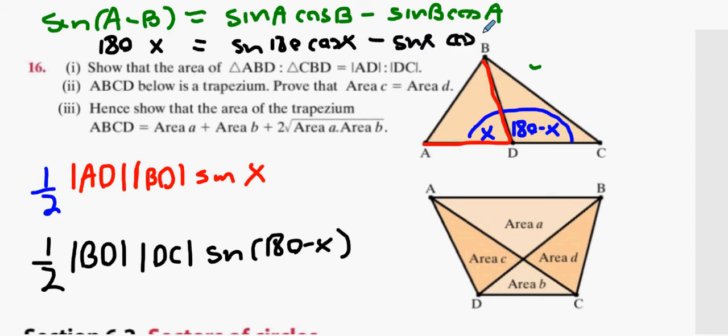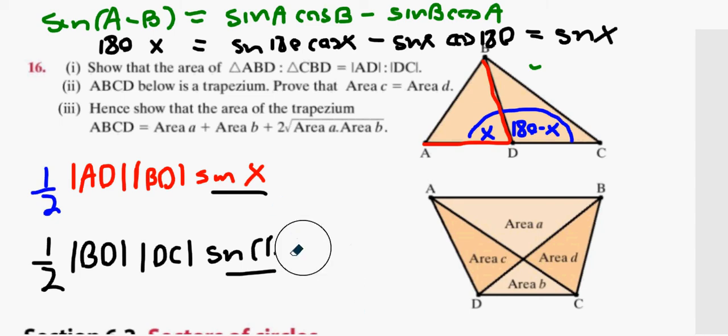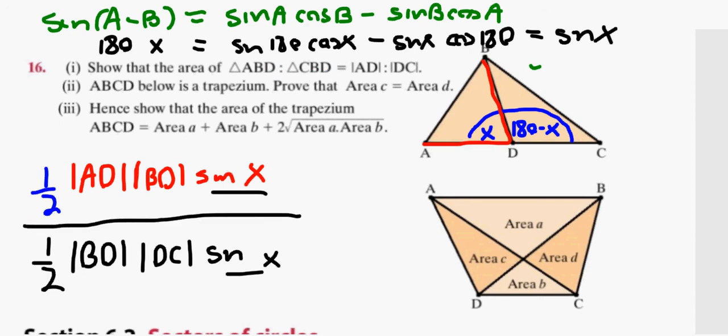And what you'll find out is it's actually sine X. So, as I proved earlier, sine X and sine 180 minus X are essentially the same thing, so I can just replace that with sine X. Happy days. Now, it wants the area of ABD divided by the area of CBD. And what's left over then? AD over BD, AD over DC.